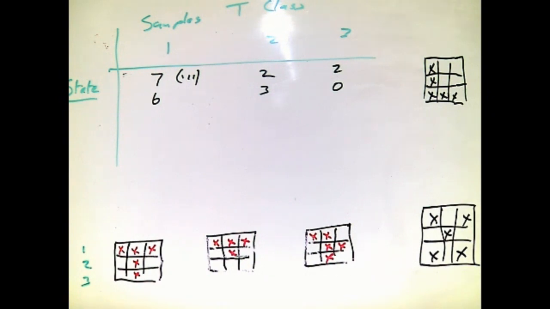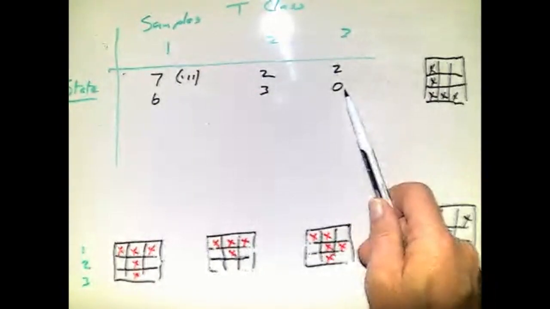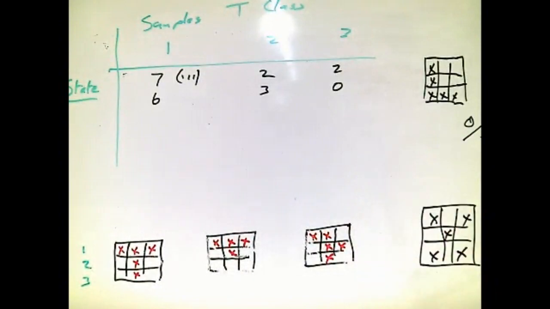Correlate with the first sample: 4, no. Middle, 4, no. Bottom, 7, no. 0 out of 3. Third sample: 2, no. 0, no. 7's not there. 0 out of 3. And that was their method, and it was used on character recognition.